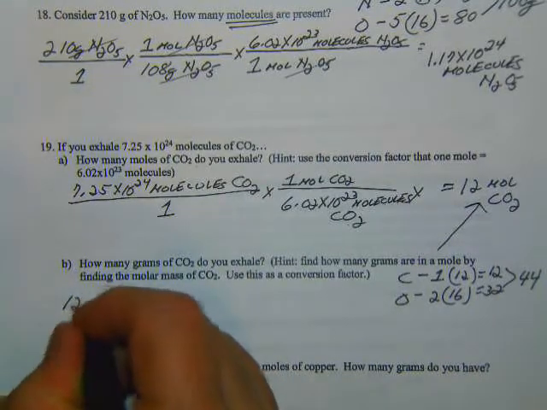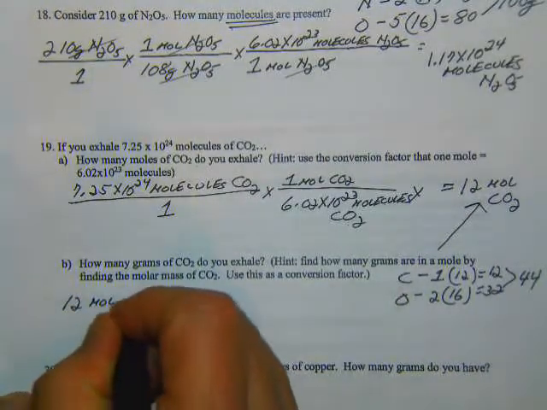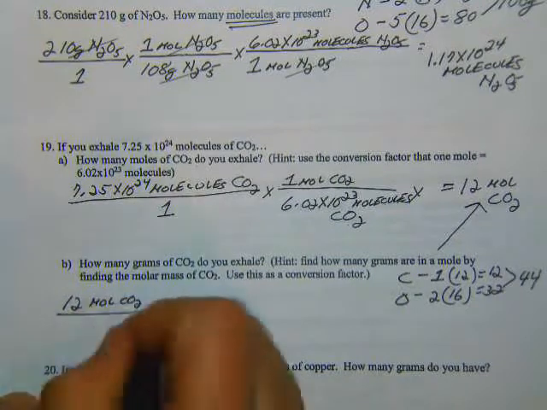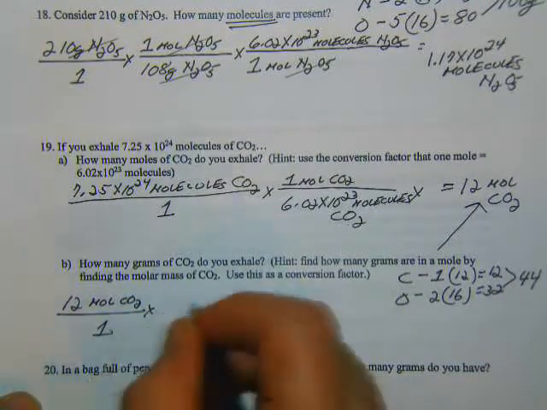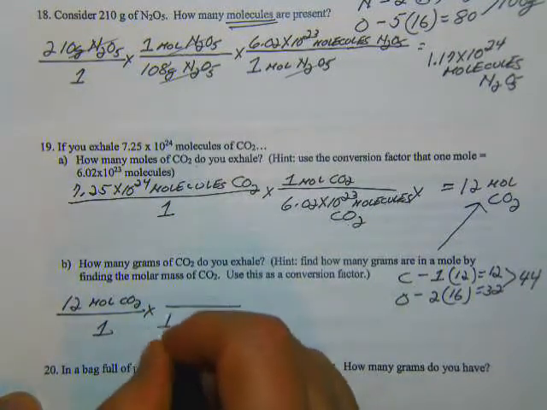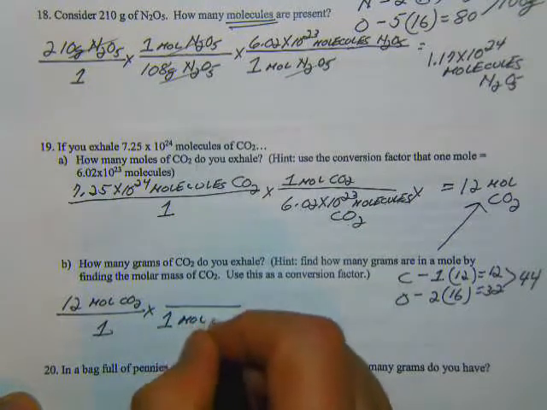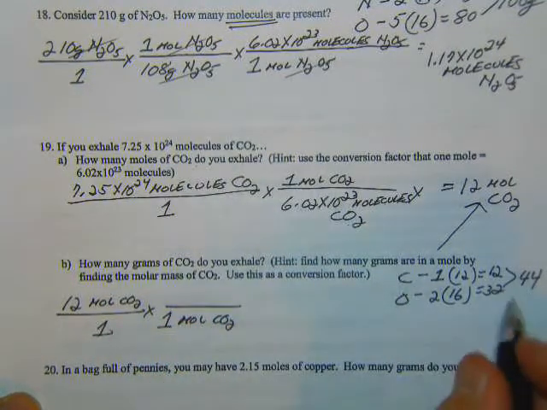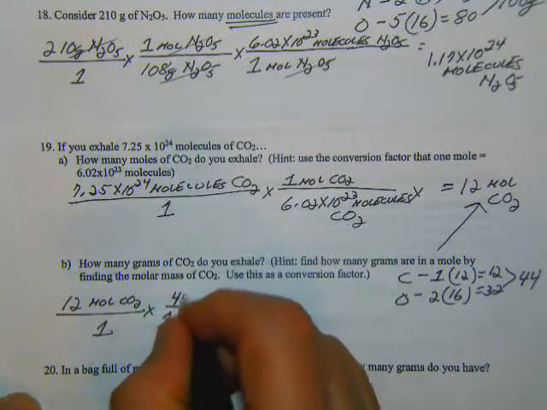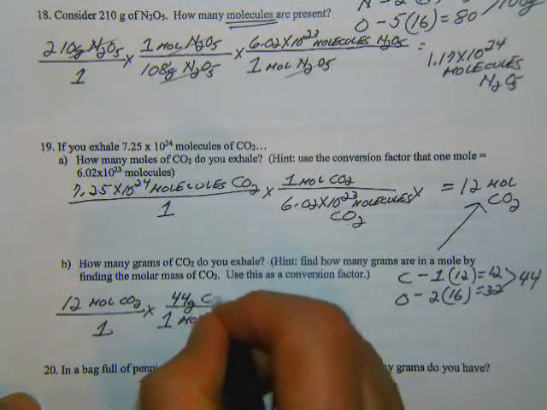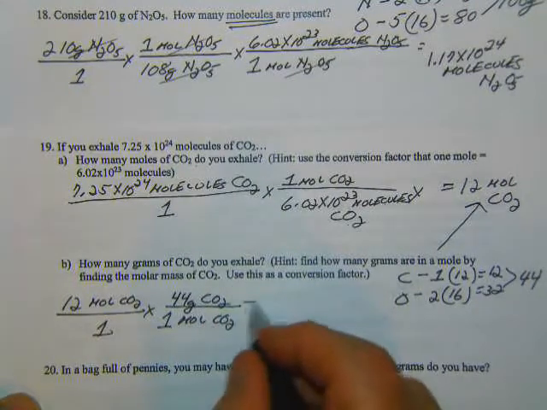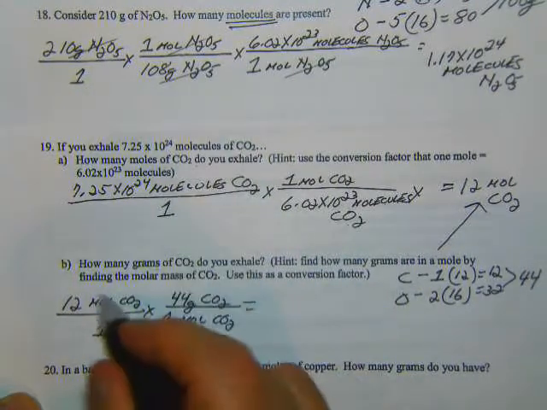So 12 moles of CO2, and again I like to put that over 1, and we know 1 mole of CO2 is 44 grams of CO2. Well, we want grams, so we're pretty good.